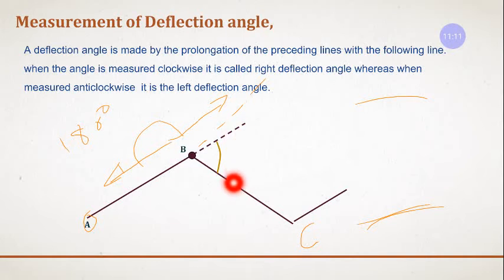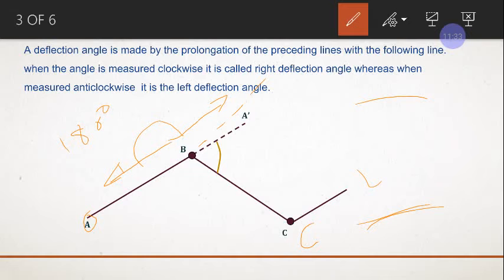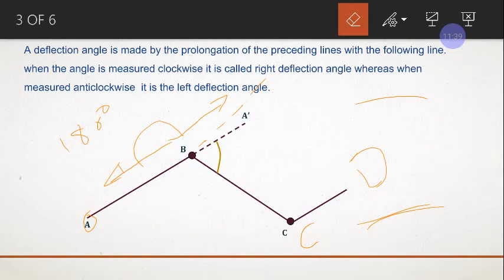That angle is the deflection angle, right? See, this is point C. So at the next point, BC will be your preceding line, and CD will become your following line.